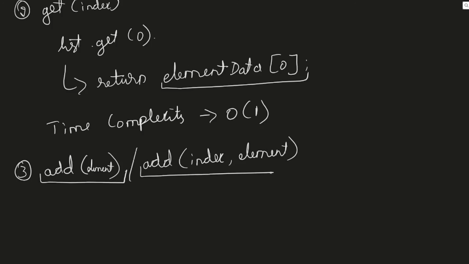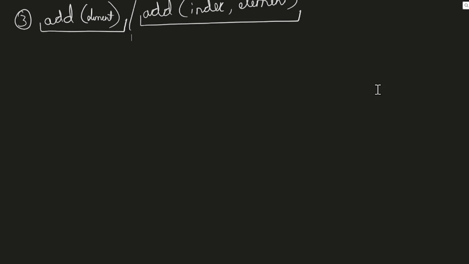But what happens whenever we add at a particular index? We have already discussed this in our array playlist. Please do watch it. Whatever I'm currently explaining, we have already discussed. Let me just take up an example over here.